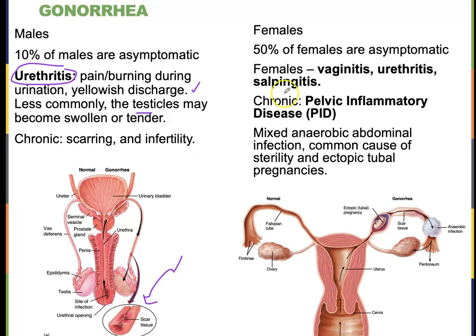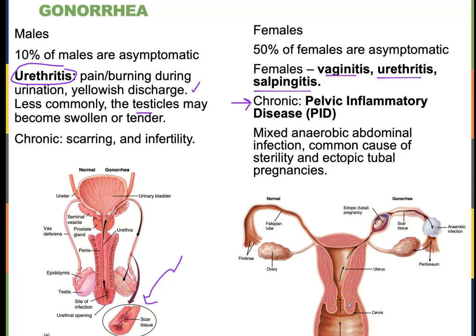In females, the chronic sign of gonorrhea is going to be PID, but initially the acute form is going to be vaginitis, urethritis, and salpingitis. Salpingitis refers to the inflammation of the fallopian tubes. So the urethra for the female and the vagina opening are very close together.